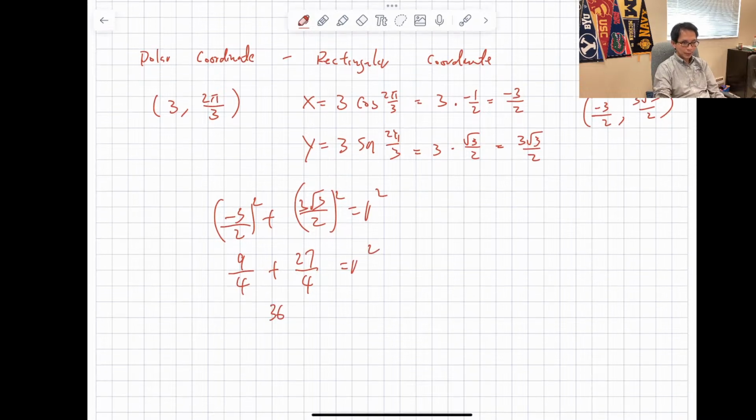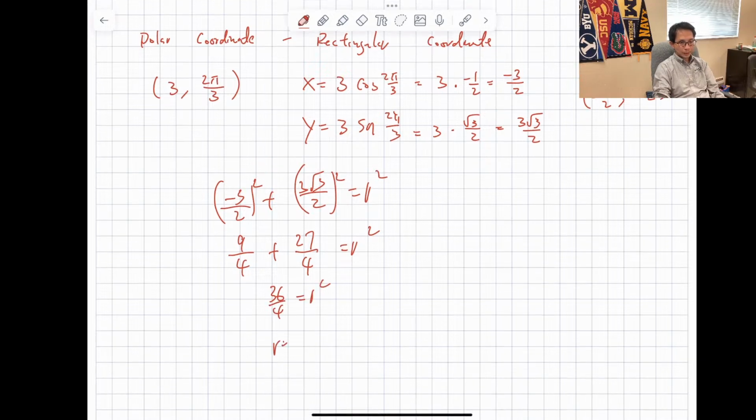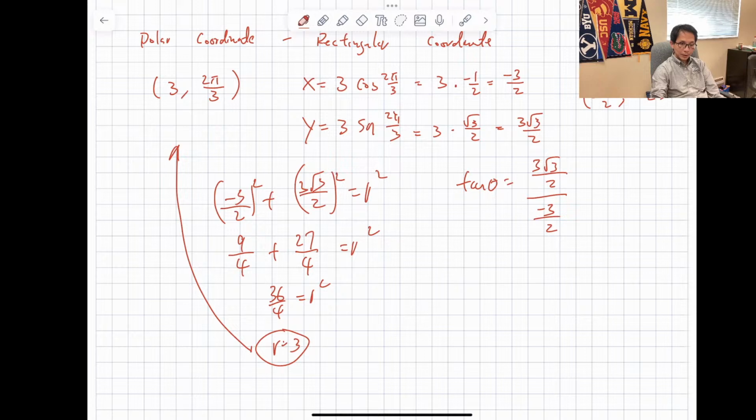So it'll be 36 over 4 equal to r squared. r is equal to 3, which matches, right? Tangent of theta is equal to y over x, so 3 root 3 over 2 all over negative 3 over 2. So that's going to be 3 root 3 over 2 times 2 over negative 3. Simplify, and that's going to be negative root 3 for tangent theta.